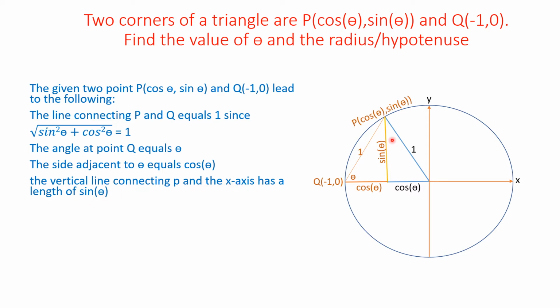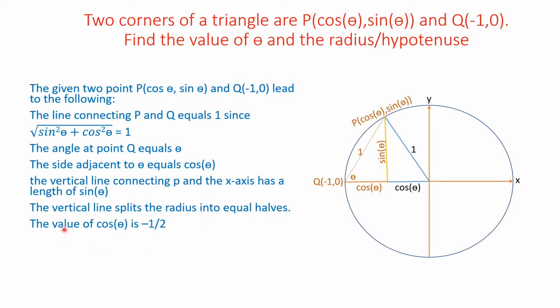It's vertical and perpendicular to the x-axis. So it actually divides the radius into 2 halves, and each half is equal to cosine theta.